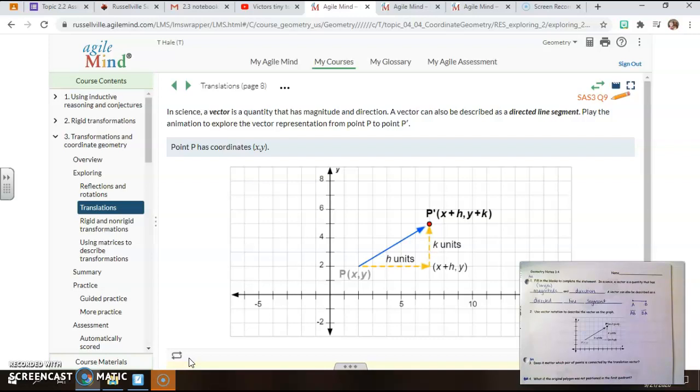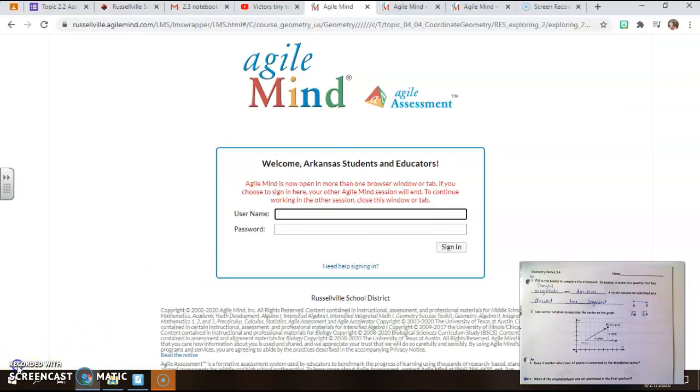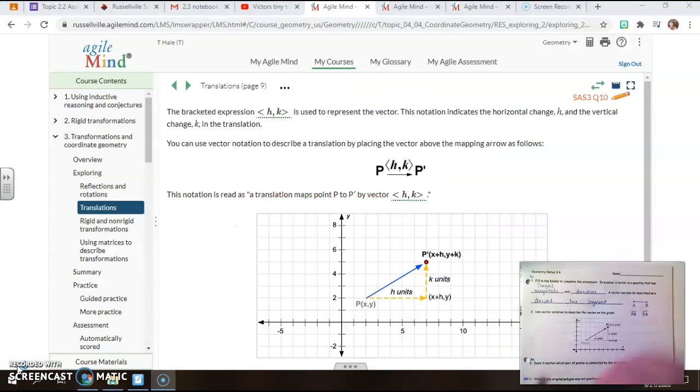Now notice we went h units horizontally. Even though we could count and see how many we went on the coordinate plane, we're just going to talk about it generically, h units to the right and k units up. So when we are writing that in vector notation, when we talk about a vector, we use a bracketed expression.